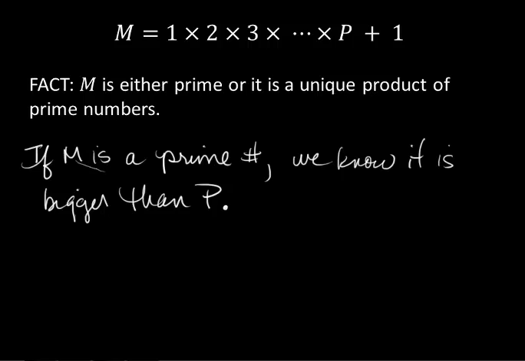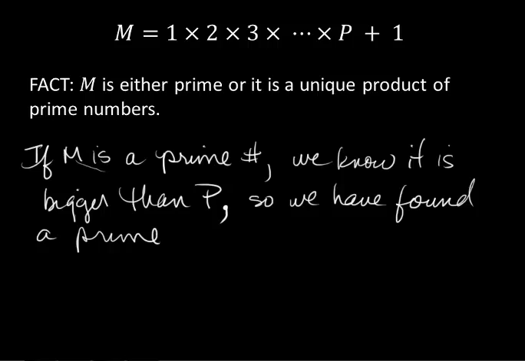If m is a prime number, we know it is bigger than 3, so we have found a prime number larger than p. So if it's a prime, we're done. We found one bigger than p. That's what we're trying to do, is prove that given a prime p, there's always a bigger one.